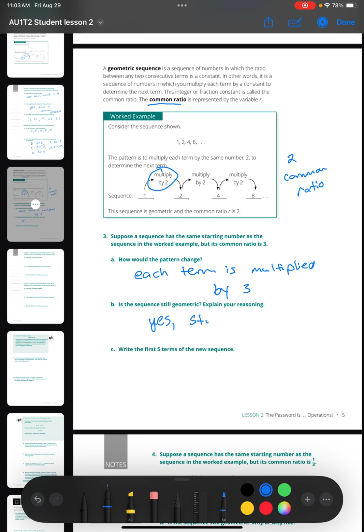It's still a common ratio. And writing the first 5 terms in that sequence. So 1 is the first term, times 3 is 3. 3 times 3 is 9. 9 times 3 is 27. 27 times 3 will give you 81. So there would be our first 5 terms in that sequence.